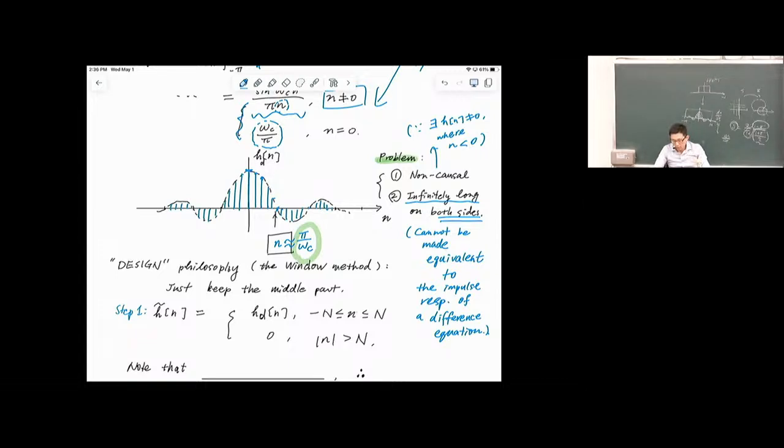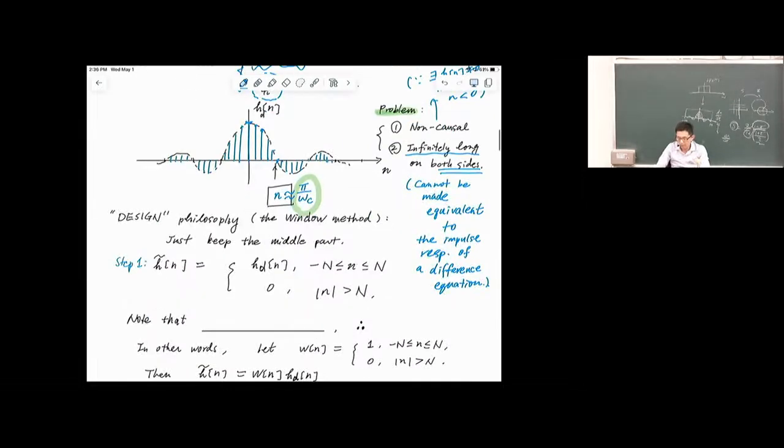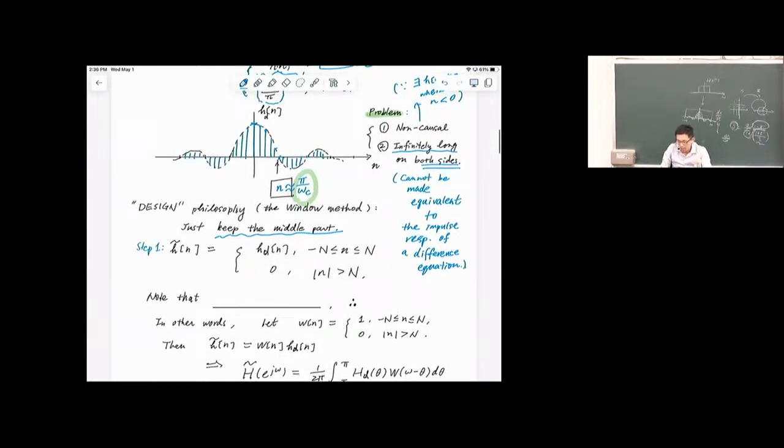So here is an alternative. We need to somehow work around this. We need to have a design. Let me suggest that this is our design. The idea is to keep the middle part. This is a design philosophy, if you will. Let's keep the middle 2N plus 1 samples.